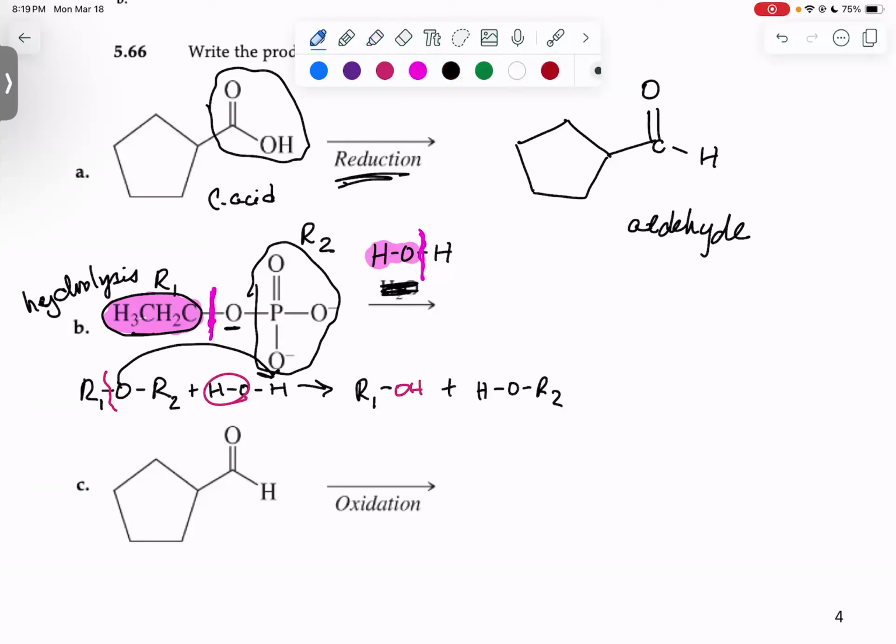So let's write that part out. Let's write just the pink. We have H3, CH2, C, and then this carbon is going to bond to the oxygen. It's not going to bond to the hydrogen. It's going to bond to the oxygen. And so you'll end with a hydroxyl.